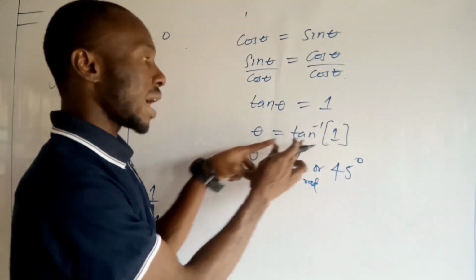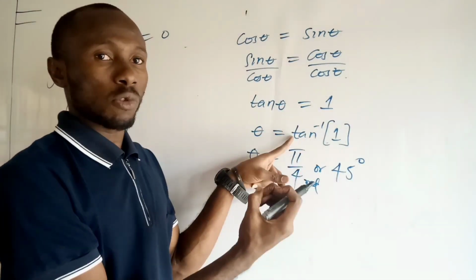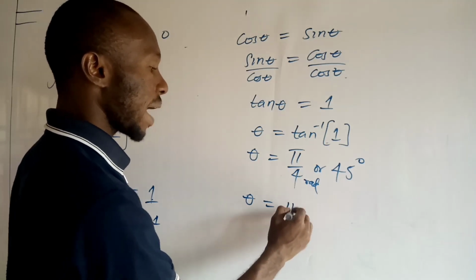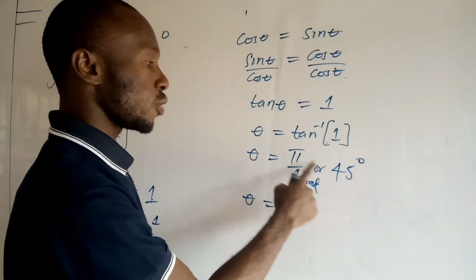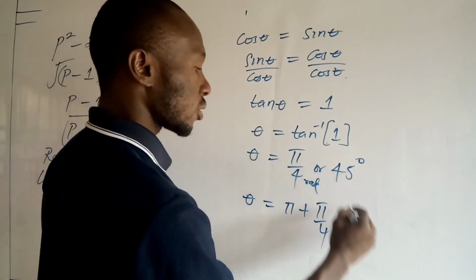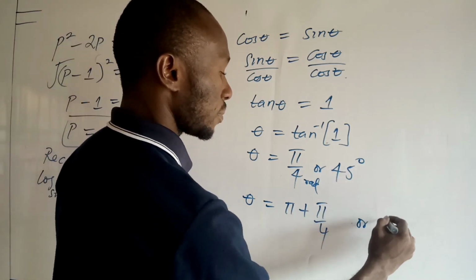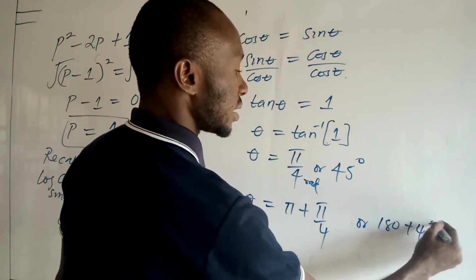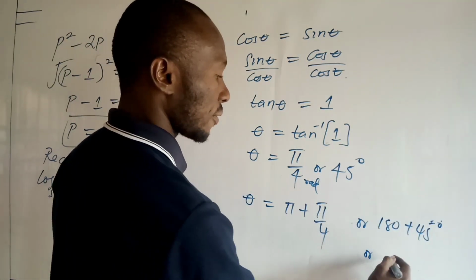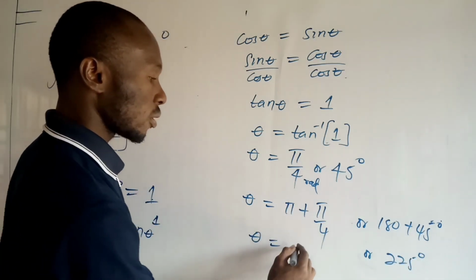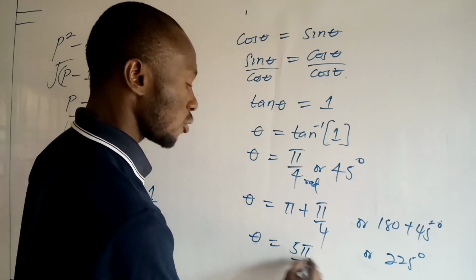Then of course you know tan is also positive in the third quadrant, so for that one you can say theta is equal to pi plus the reference angle, which is pi over 4, or 180 plus 45 degrees. For this one we also have 225 degrees, and in radian theta is equal to 5 pi over 4.